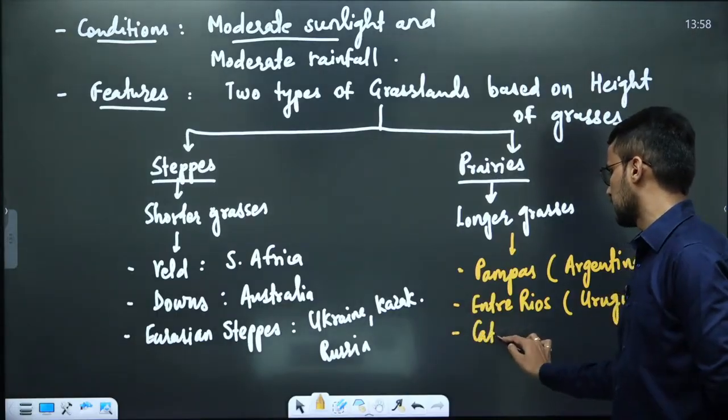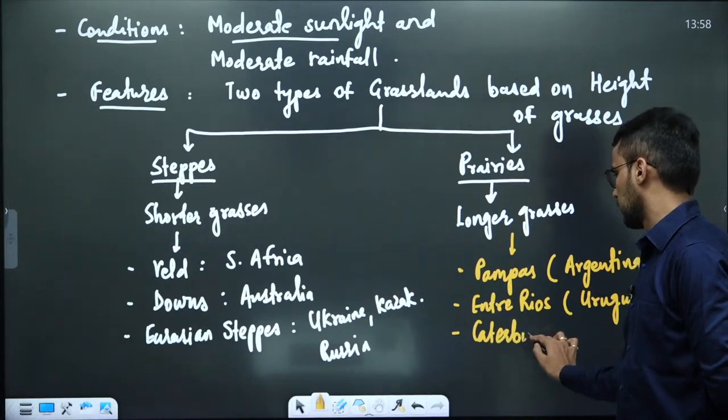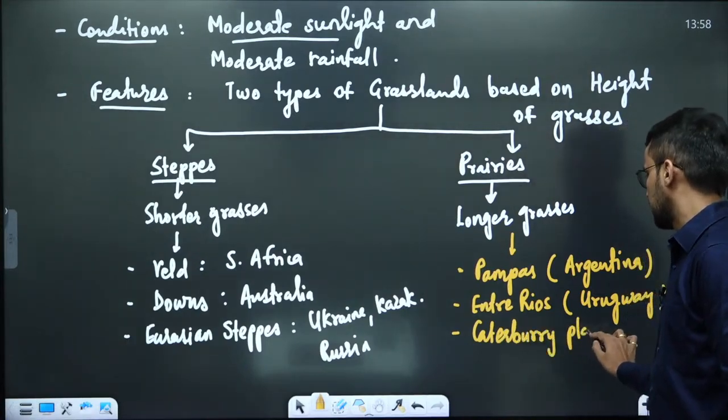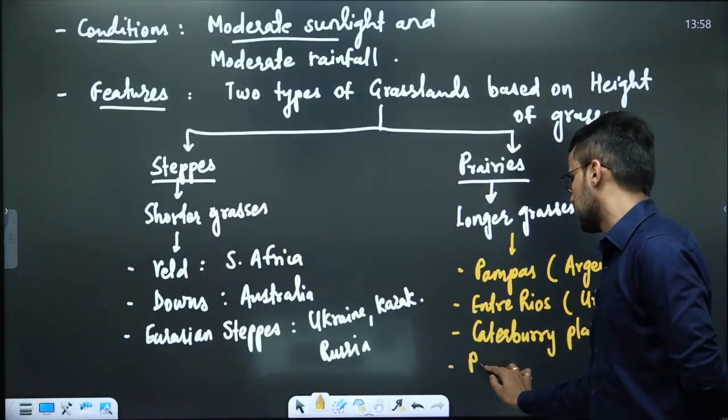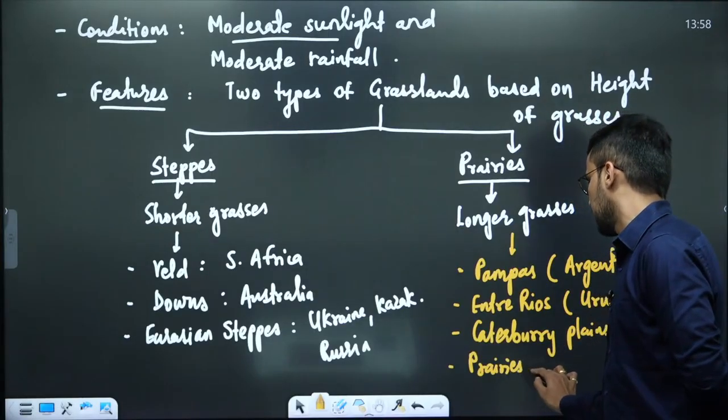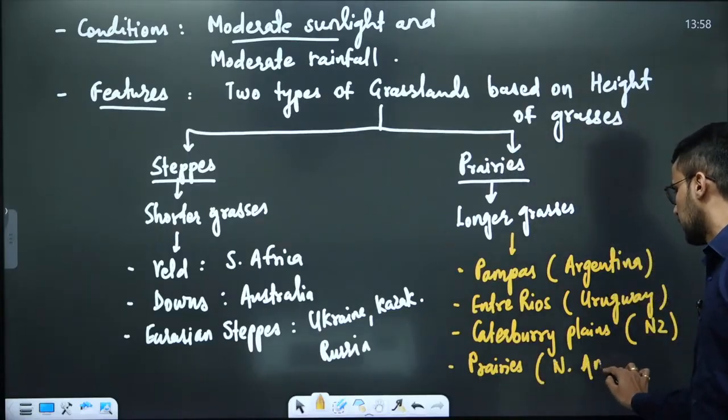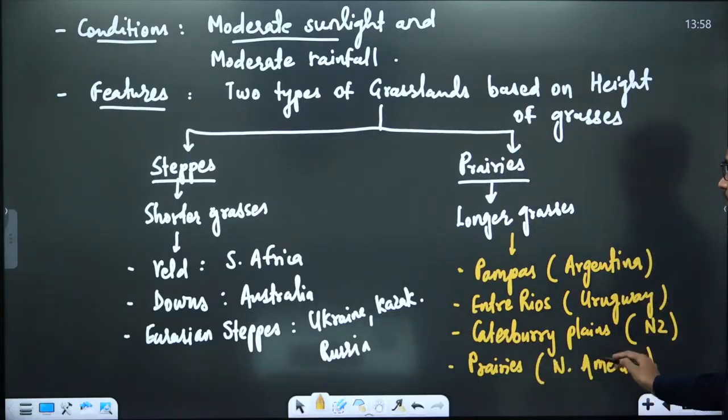Canterbury Plains, New Zealand, and simply prairies in North America. ठीक है? Fine. So those are the types of grasslands that we have based on their heights.